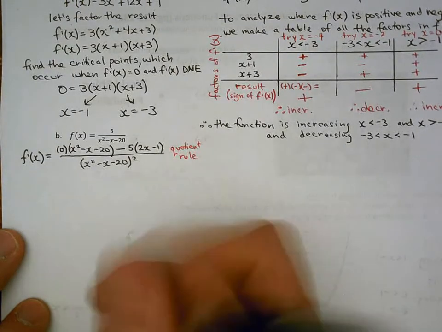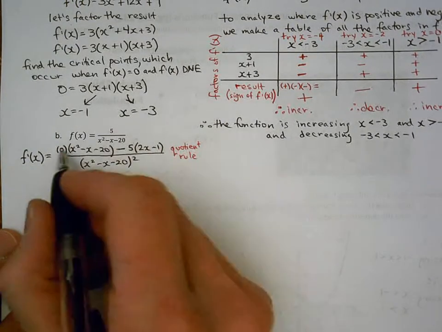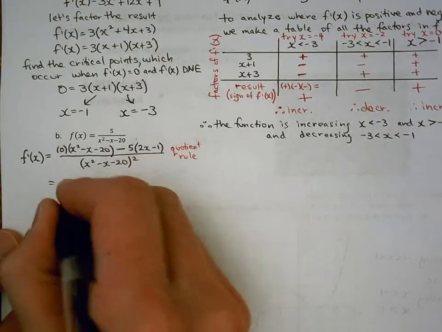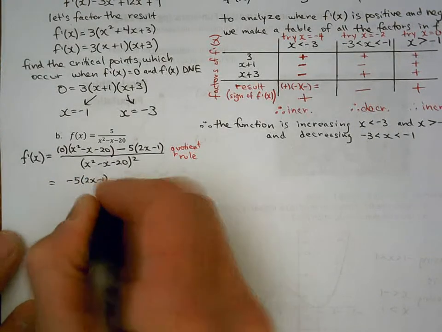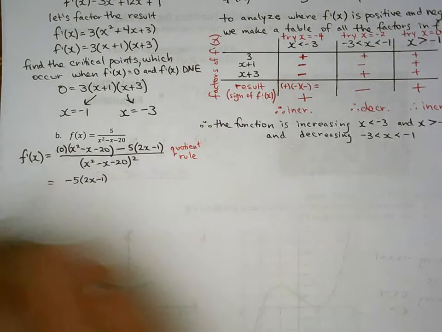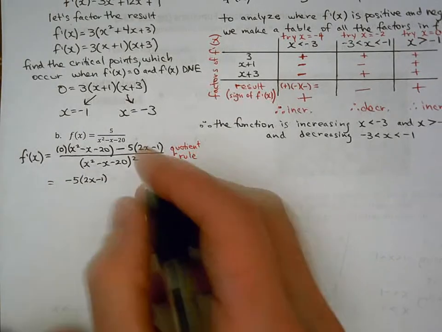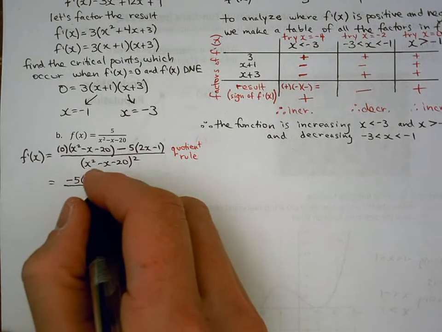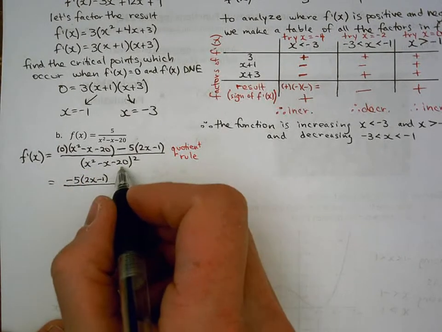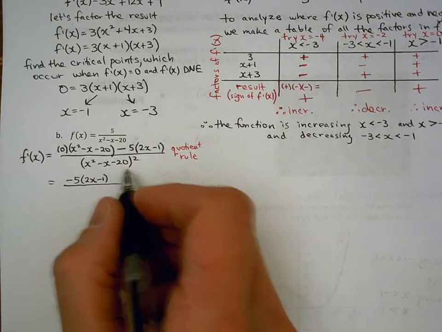Okay, now I can simplify this a little bit. This cancels out because it's multiplied by 0. So I end up with negative 5 times 2x minus 1 over x squared minus x minus 20. Might as well factor that since I'm right here.